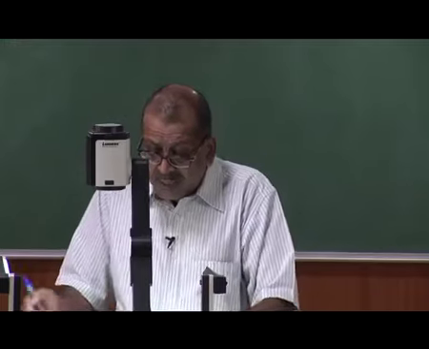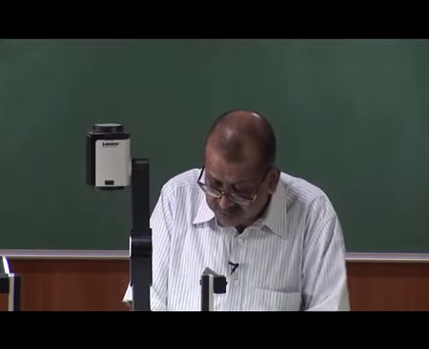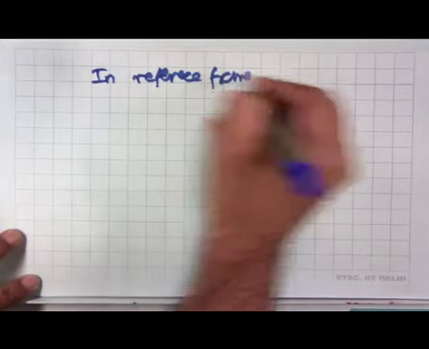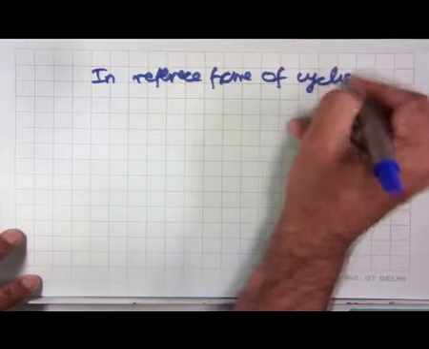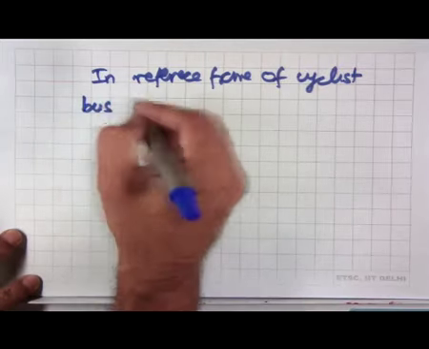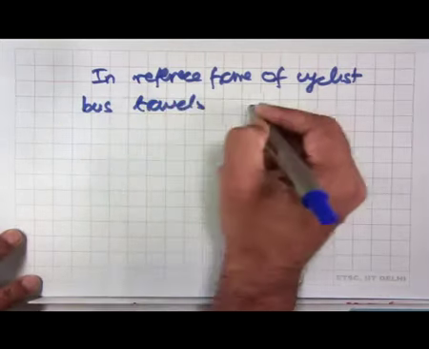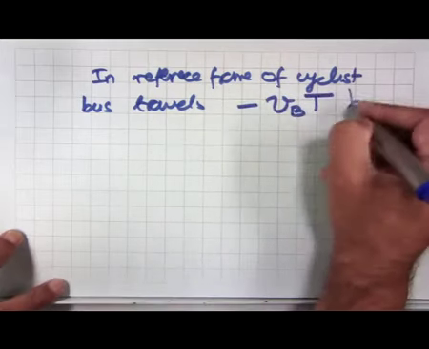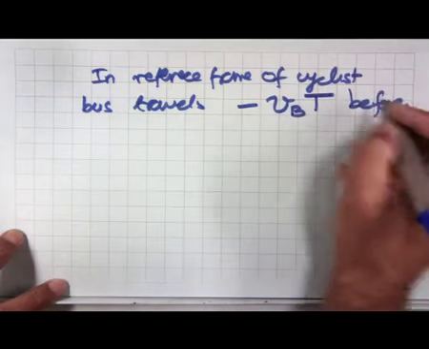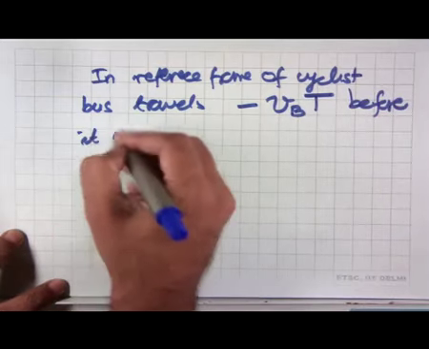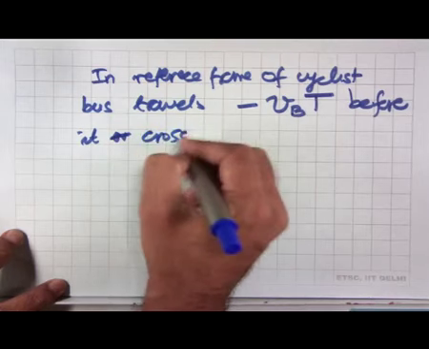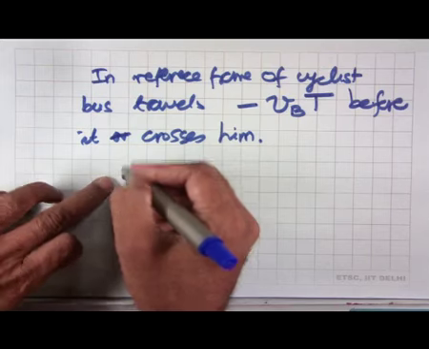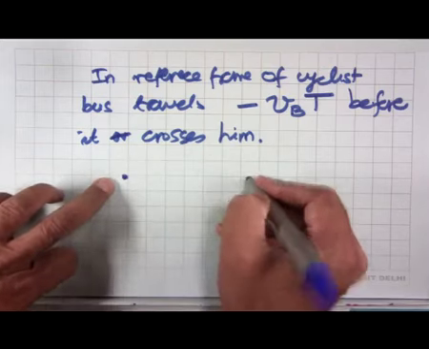Now, in the reference frame of the cyclist, the bus travels minus Vbt before it crosses him, and this is when the first bus, bus number 3, crosses him, that is when we start t equal to 0, and this is bus number 4.